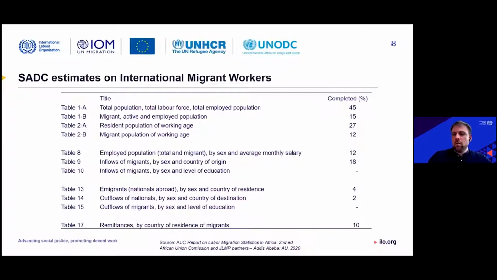Again, that's based on data from 11 to 13 countries within the Southern African region. Yet we still can't even complete the tables halfway. And when you start asking about migrant active and employed populations, we only managed to complete about 15% of what we would like to see in the tables.